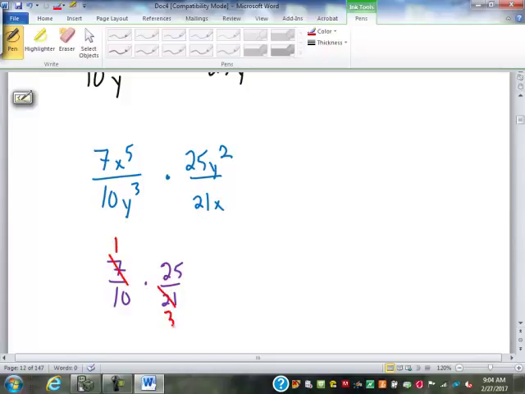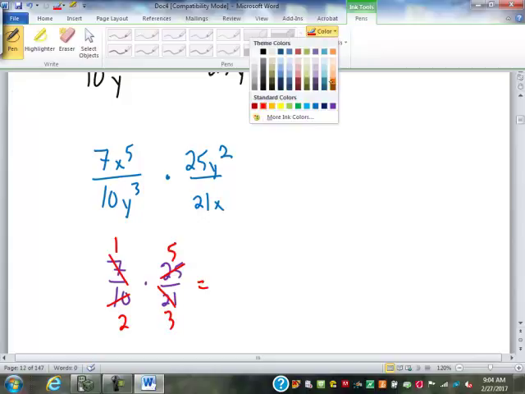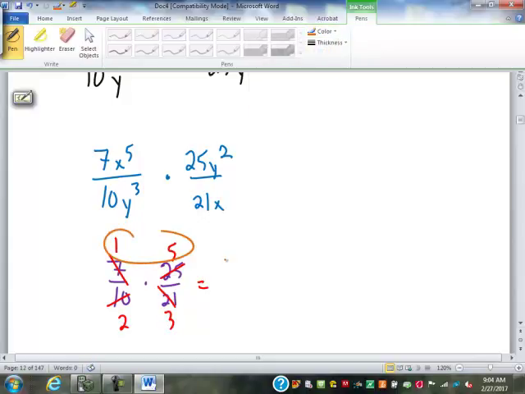Give me 1 and 3. And both 10 and 25 divide by 5 to give me 2 and 5. 1 times 5 is 5, and 2 times 3 is 6. So up here in my answer, the numerical portion is 5 over 6.